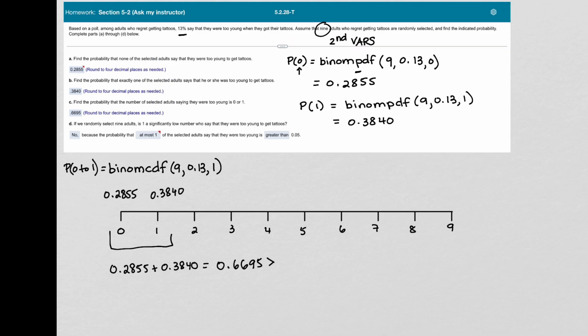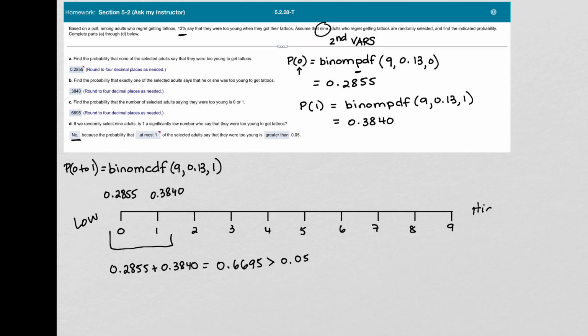So since this result turned out to be greater than 0.05, we would say, no, this is not a significantly low number of successes. So the low relates to this end of the number line.